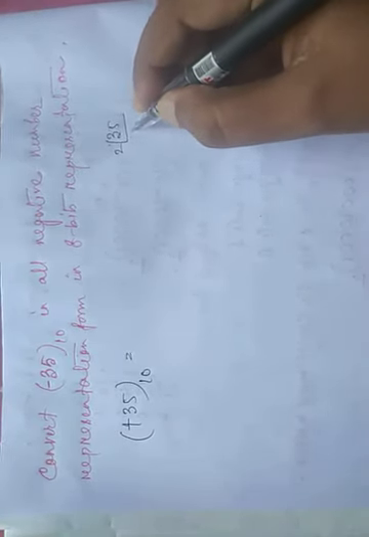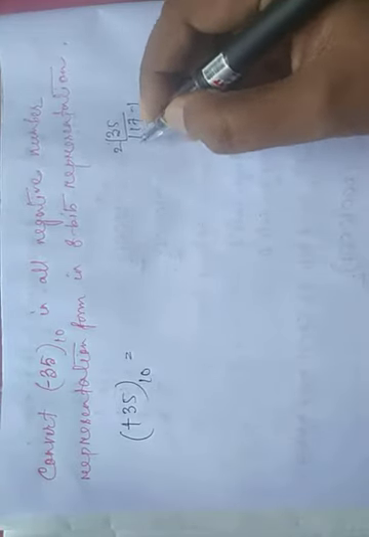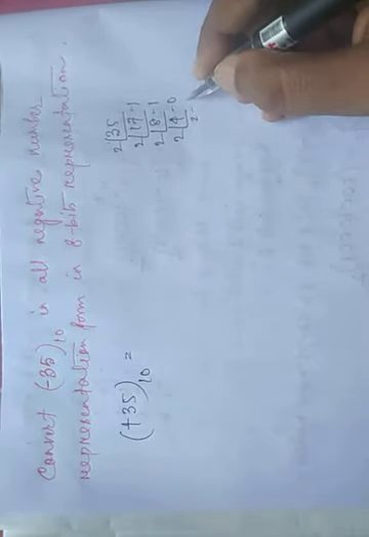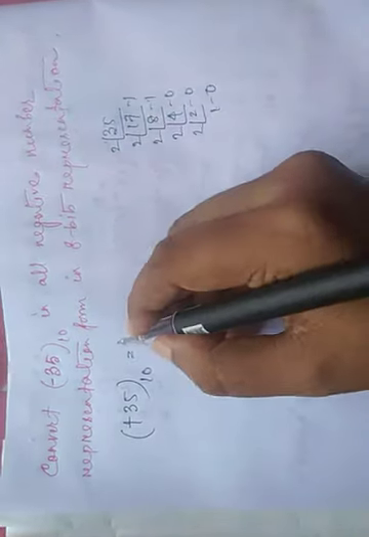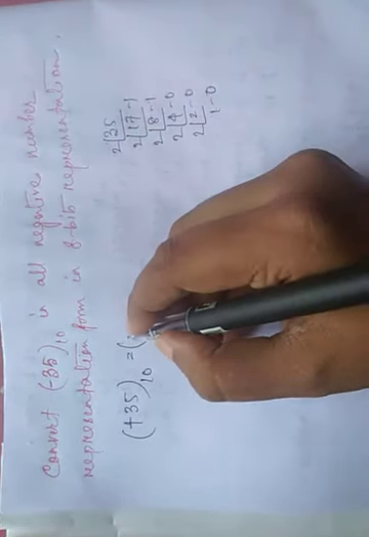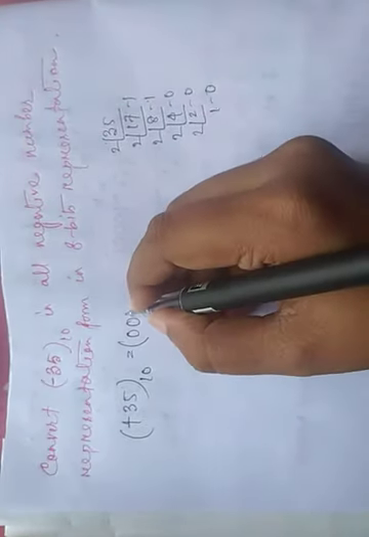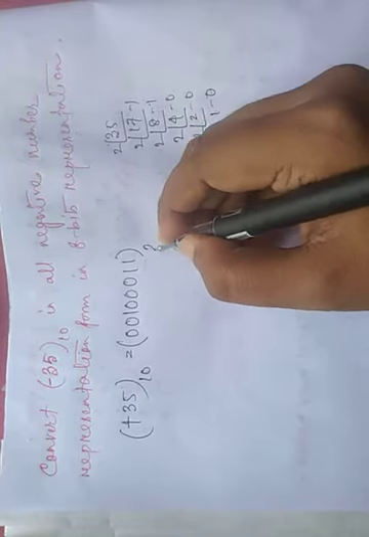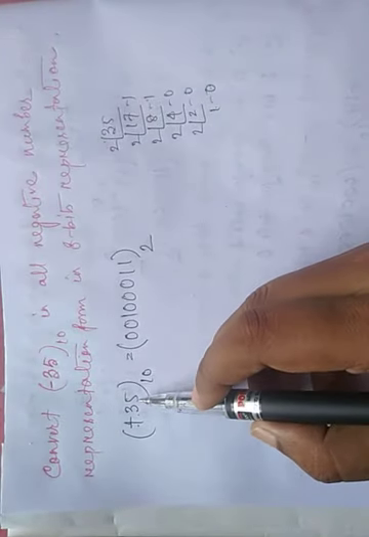The binary of 35 has 6 bits, so we have to add 2 extra bits: 0 0 1 0 0 0 1 1. So this is plus 35.